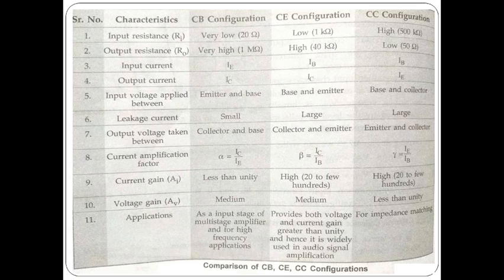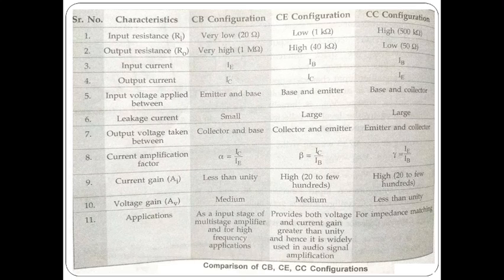And the common collector offers low output impedance and high input impedance. Due to this reason, it is used in impedance matching circuits. Here the voltage gain is also 1. So whatever voltage signal we give, almost the same will be present at the output signal.